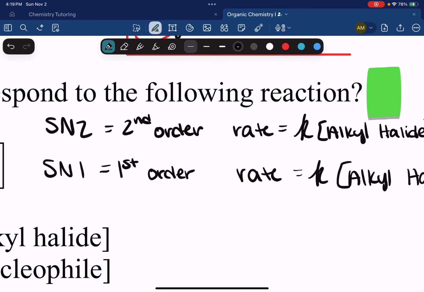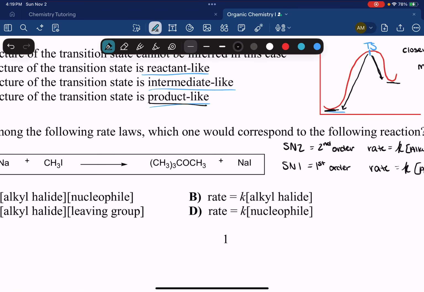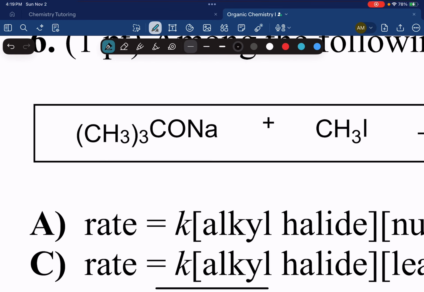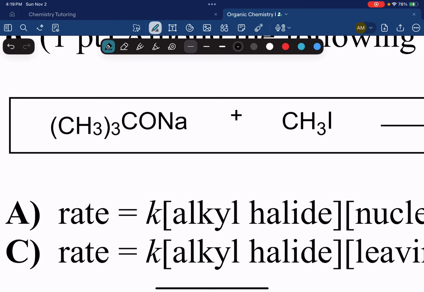Okay, now we know what SN2 is and we know what SN1 is. We just have to determine what kind of reaction we're looking at. So these are our products. We're not really concerned about those in this particular problem. We're concerned about our reactants. So where is our nucleophile?